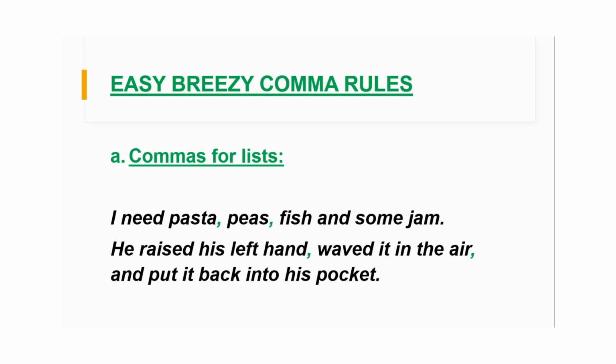You also require commas because you're going to make a list. In this case, not a list of objects, but a list of processes, stages. So if you want to write something like, he raised his left hand, waved it in the air, or maybe you're writing how something is done, like first of all, you put in a cup of water, then you pour in. So the list is for any type of list, not only objects.